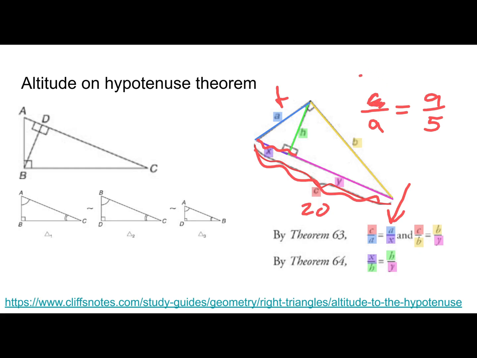So I'll say this is 20. And then you would cross multiply this, so you could say a squared equals 20 times 5, which is, hold on, 120. So I don't know if that actually makes sense as an equation.